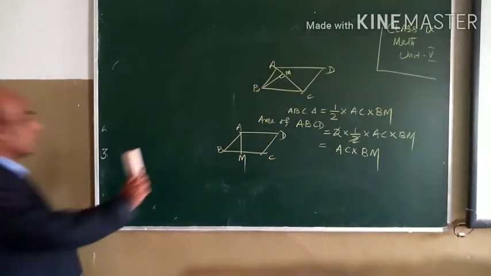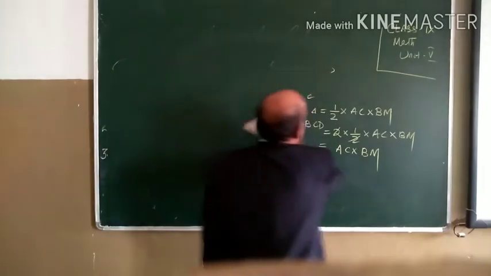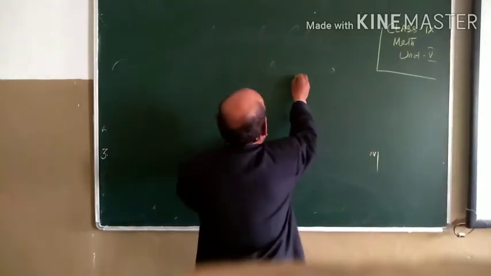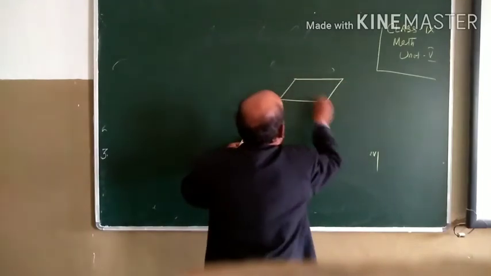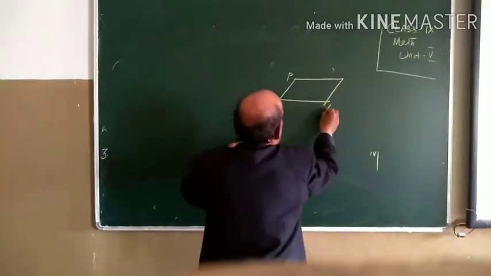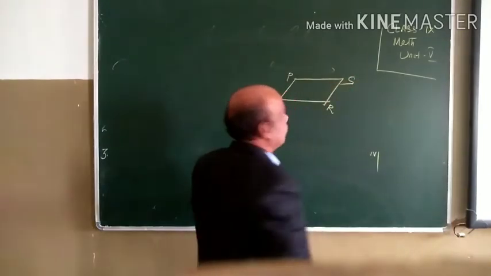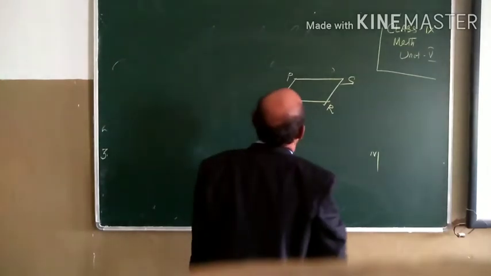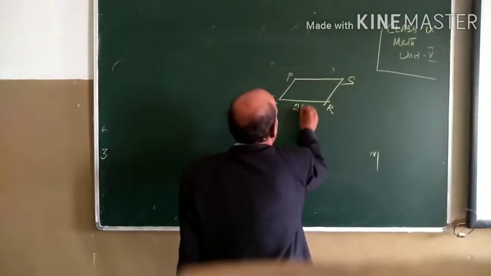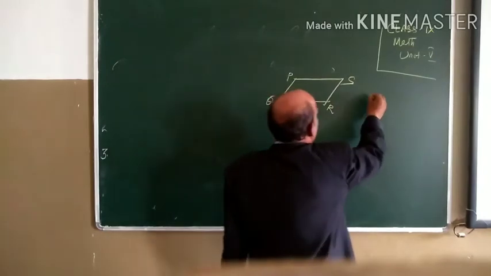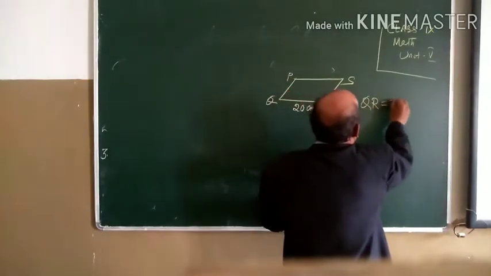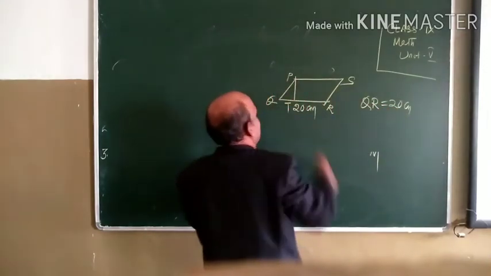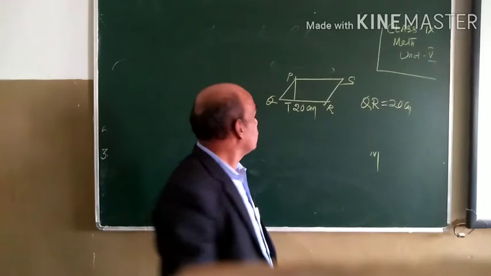Now I will say, parallelogram PQRS is a parallelogram and already given to you QR is 20 centimeter, and height PT is perpendicular to QR.